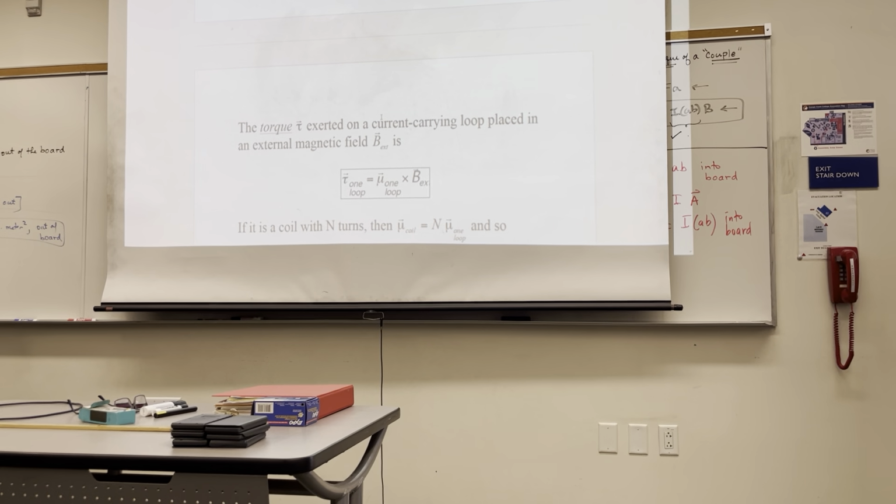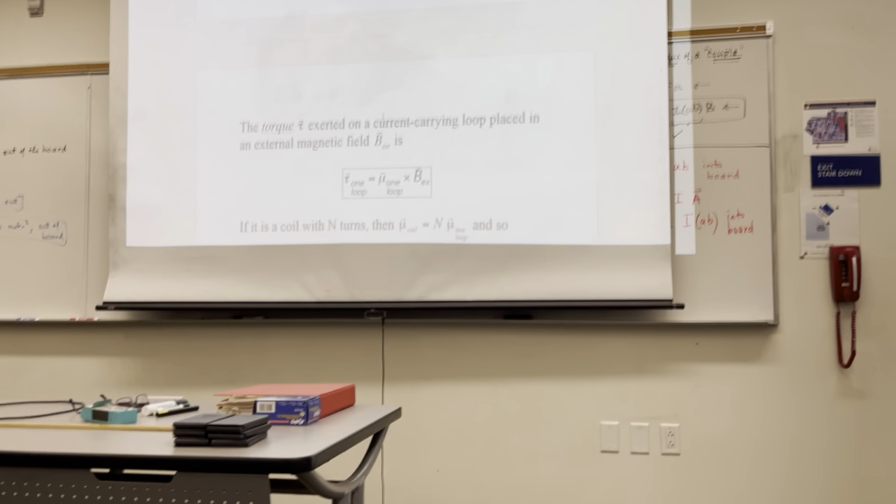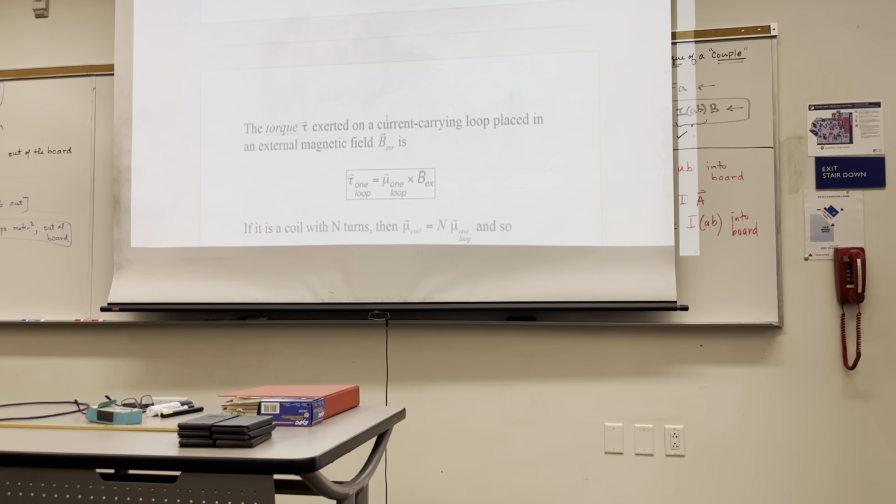In the problem that we had, the magnetic field was down. And we just said that the area vector is into the board, so mu is into the board. So what is the cross product of into with down? The direction would be to the left.